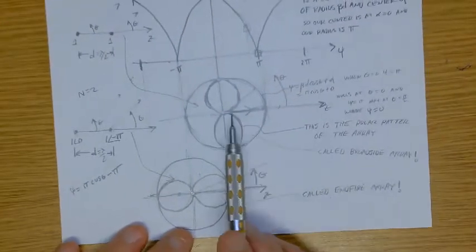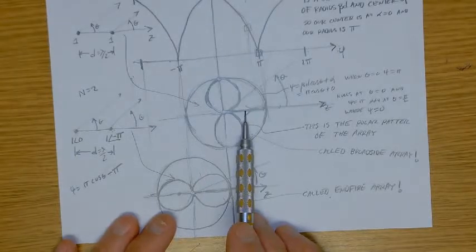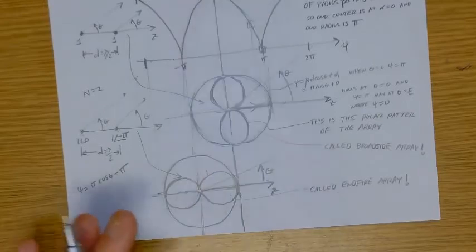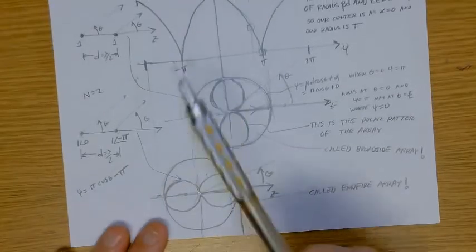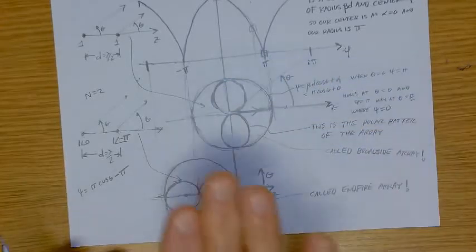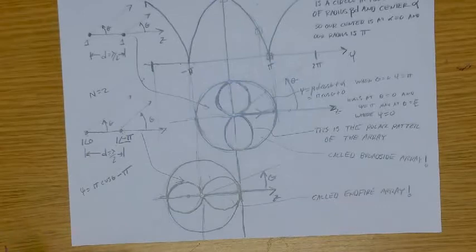So keep in mind now, if I take this and spin it about the z-axis to get the three-dimensional pattern, if I cut it this way, perpendicular to the plane of the page, it's going to be isotropic. If I cut it this way, I'm going to get this figure 8 pattern.